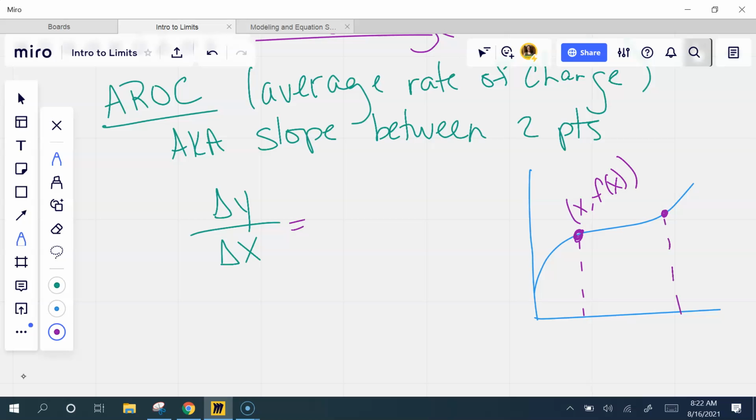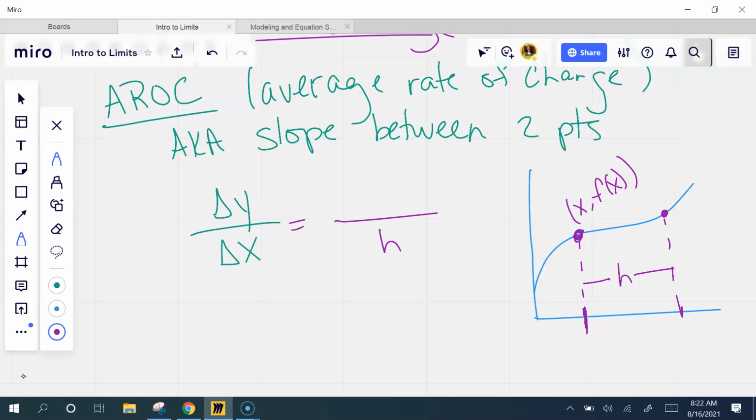I am going to say from this point to this point, I am going to define this distance as h. Are y'all with me so far? So the change in x here, instead of x2 minus x1, I'm going to call that what? H. Is everybody okay there?